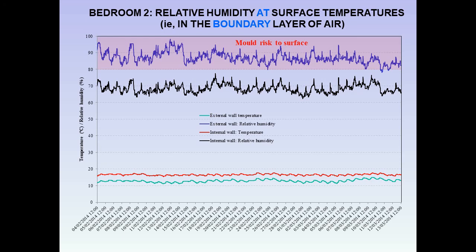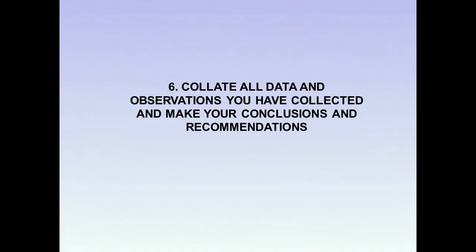However, if we take the internal wall, the relative humidity is down just below 70. It's much warmer, and we can see that from the temperatures as indicated in red and green along the bottom. And once we've got all this information, we collate all the data, including your visuals, and make your conclusions and recommendations.